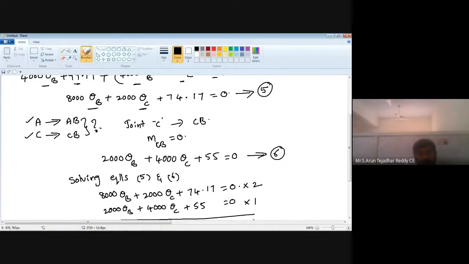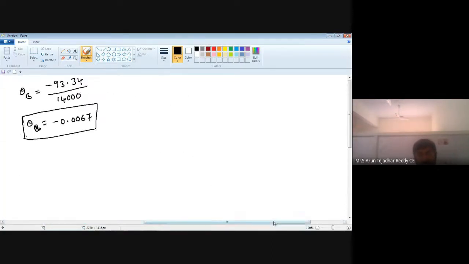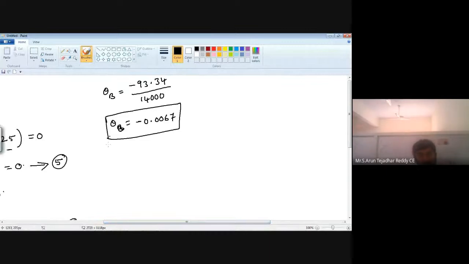Now here I will be applying the theta B value in equation number 6. Write down clearly. Theta B substitute in equation number 6, then you will get the theta C value. So first of all, let me write equation number 6. What is equation number 6? 2000 theta B plus 4000 theta C plus 55.